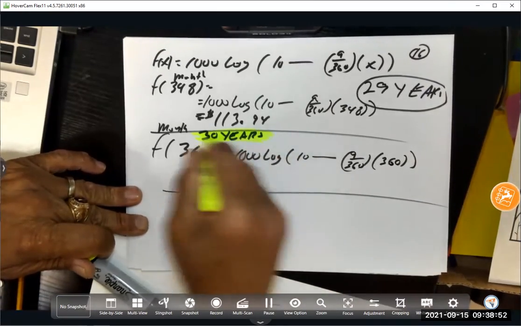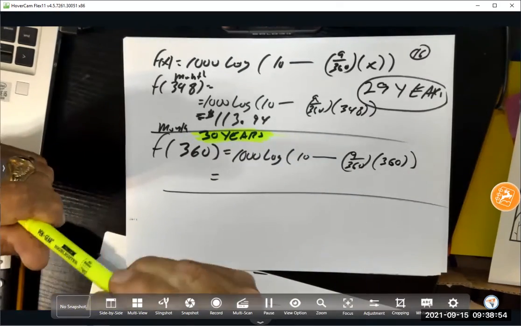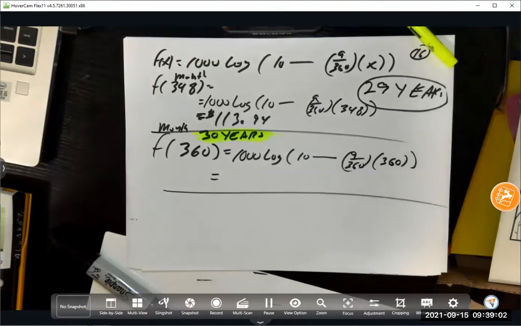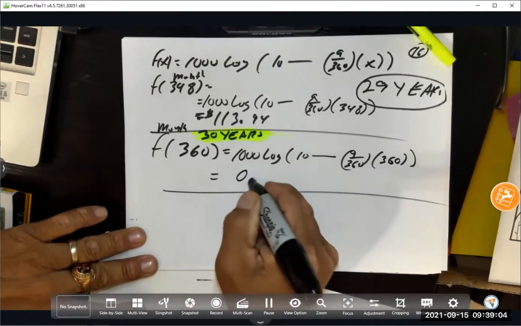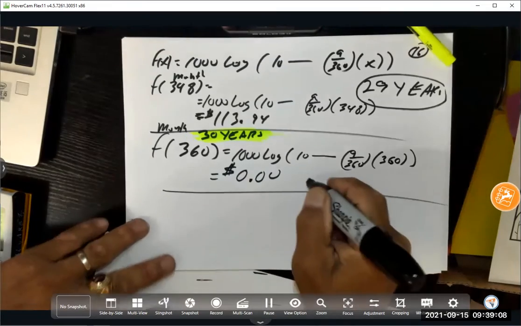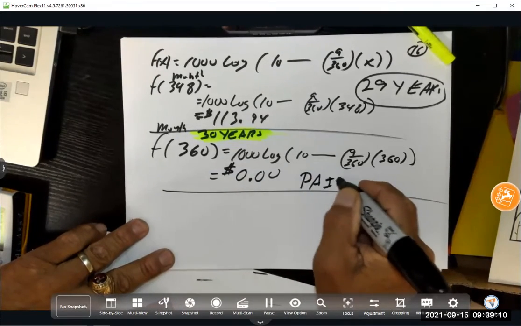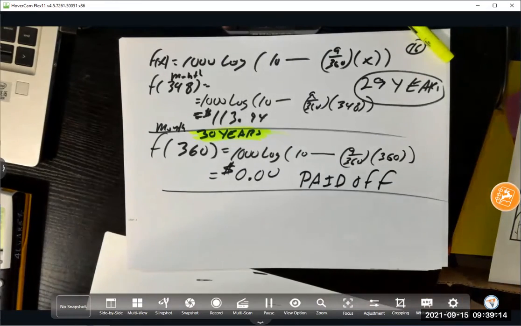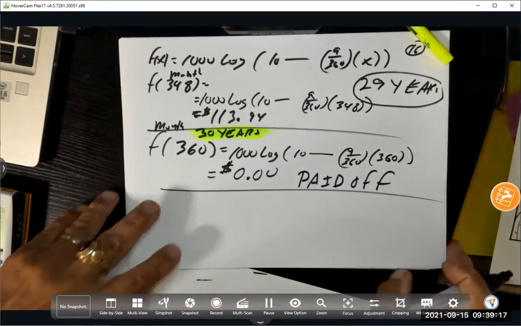It is... What did you get? 360 divided by 360. It is 0. Okay. Somebody said that you owe nothing, you're done. You paid off the credit card. It's paid off. All right, man. Celebration time, right? You owe nothing to the credit card people.